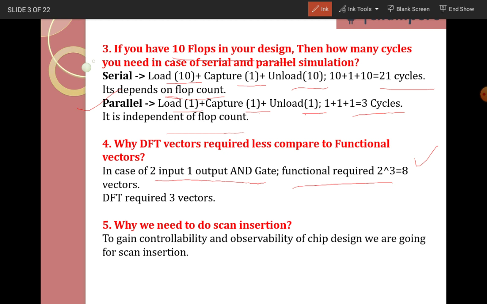For DFT, the number of pins is 2 inputs and 1 output, so 3 vectors are required. This is one example of a comparison between functional and DFT.